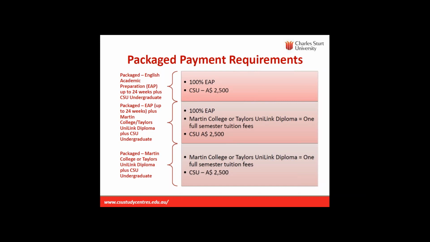Students will get several ECOEs, but they would apply for a visa only once, showing the full package of studies. So that's the main idea of the packaged offers: different electronic confirmations of enrollment with 1 visa for the whole period.